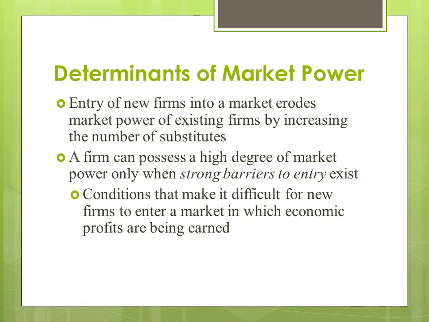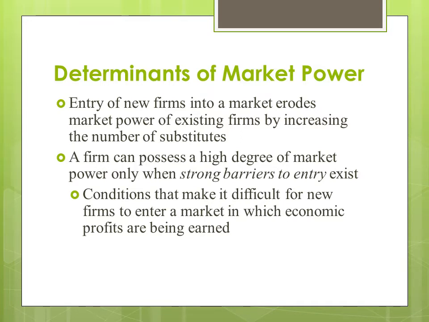A firm can possess a high degree of market power only when strong barriers to entry exist. So when there are restrictions on new firms entering the market, it means there is a high degree of market power, as in the monopoly case or monopolistic competition case.